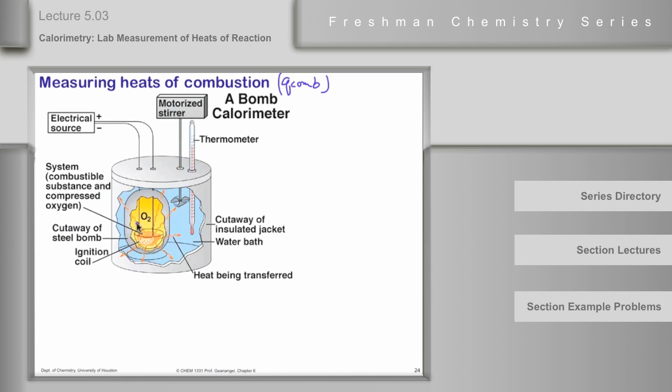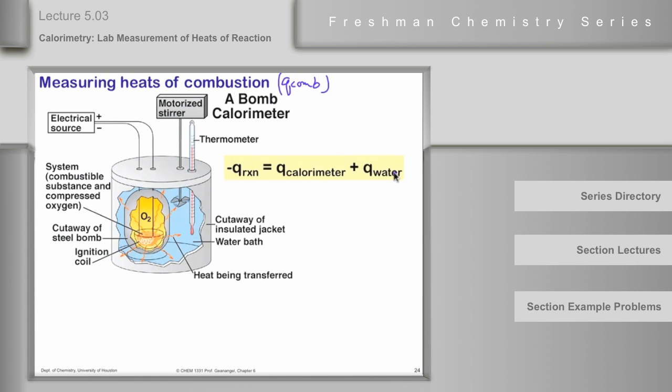For accurate work you've got to correct for the amount of heat absorbed by the calorimeter. So minus Q of the reaction is equal to Q absorbed by the calorimeter and Q absorbed by the water. And if we want to measure the delta H of combustion, that can be measured as well, but in that case, we have to figure out the number of moles of reaction.